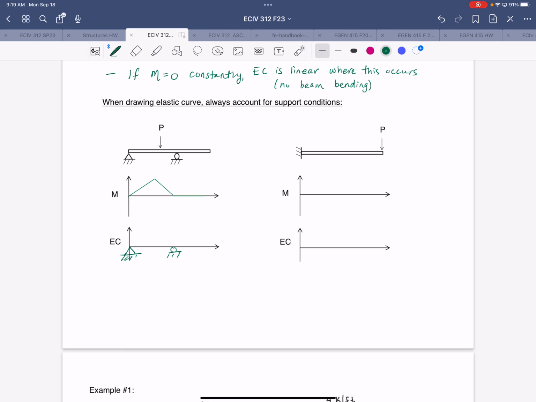So for this, we have the first segment here where you have positive moment, so the beam will be concave up. And then from this point on, the moment is equal to 0, right? The elastic curve will be linear at that point. So for the deflected shape, we have to have 0 displacement at the supports, concave up, and then linear beyond that.